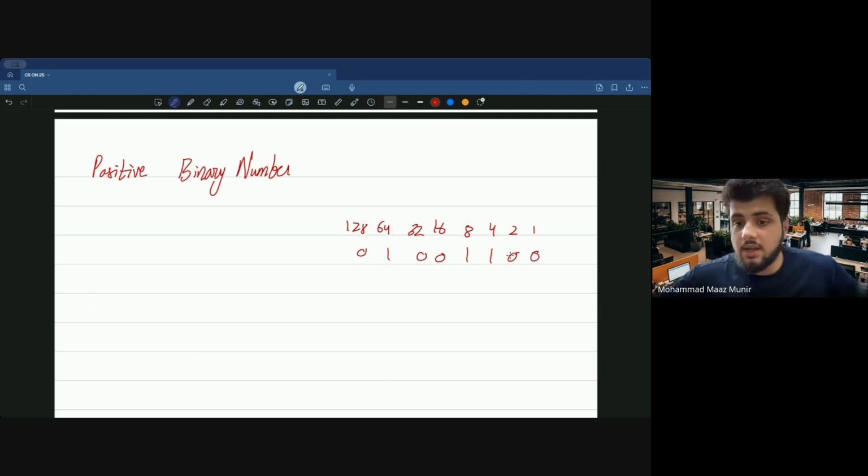But the issue is that all of these numbers are positive, and it's not only positive numbers that we are dealing with, right? We do have negative numbers in existence too.